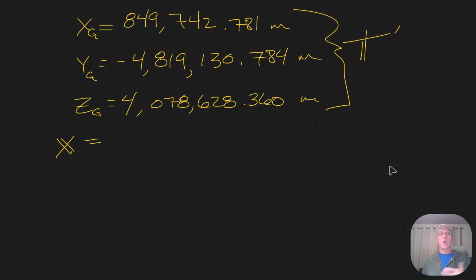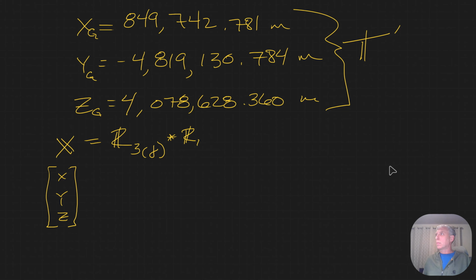So our x vector, the thing we're trying to find, that's our x, y, z vector for any point, is equal to our third rotation matrix in terms of gamma times our R1 in terms of alpha, and I'm going to define gamma and alpha here, times the ENU of any point we have coordinates for in our local geodetic horizon system, plus t prime, which is exactly what we did in the 2D situation, right?